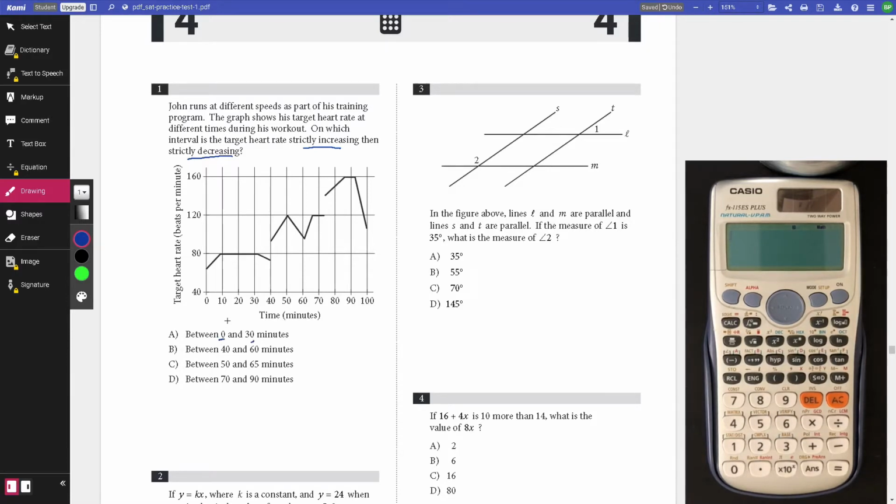Between 0 and 30, I can see this constant part here is not decreasing, so that's wrong. 40 and 60 is increasing then decreasing, so that looks good. Let's check the other answers. Between 50 and 65, that's decreasing then increasing. That's the wrong order, so that's wrong. And 70 and 90, there's continuity here, so that's wrong. So this is B.